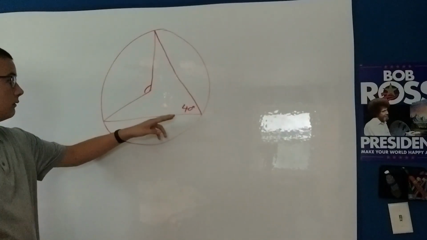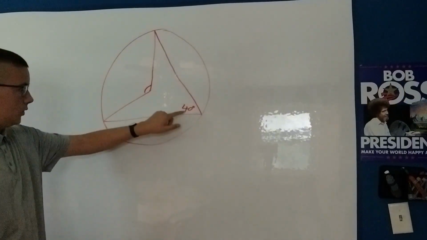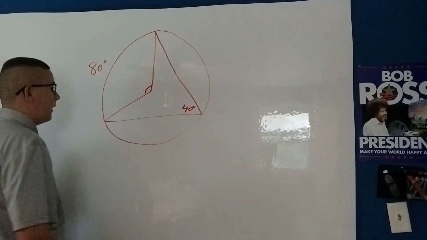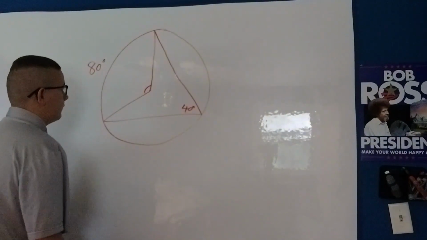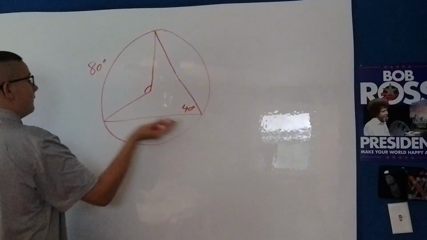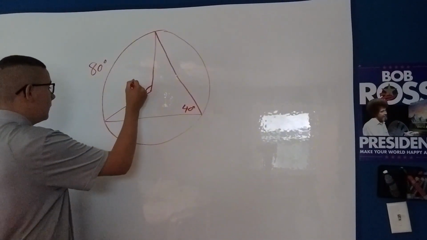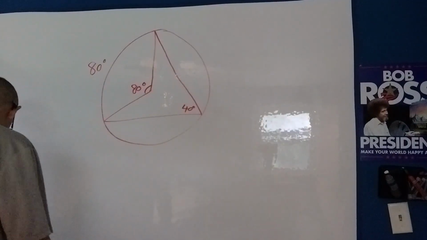Well, first you have to take this and double it to get this arc. So 40 times 2 is 80, and then this here, 40. Well, then we don't even have to use 40. We just know that these are going to be the same angle, so we know that this is 80, like that.